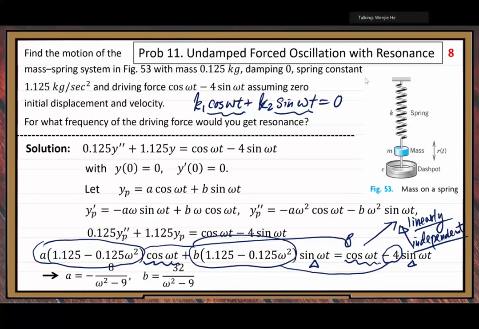When you look at the form of the A constant and the B constant, do you have any conclusion? Anything special you can talk about?